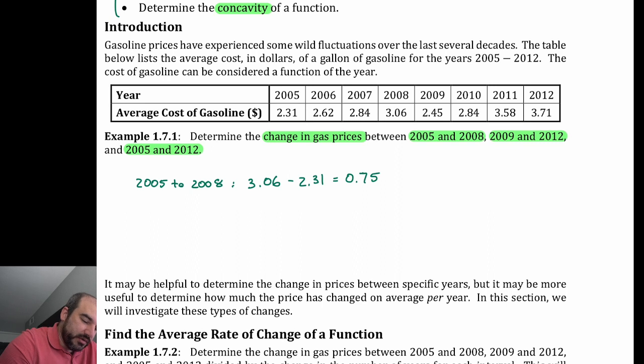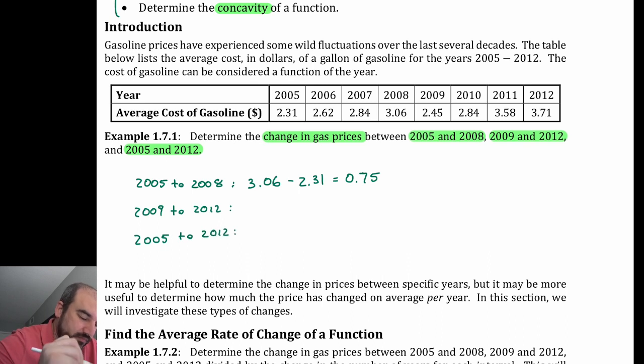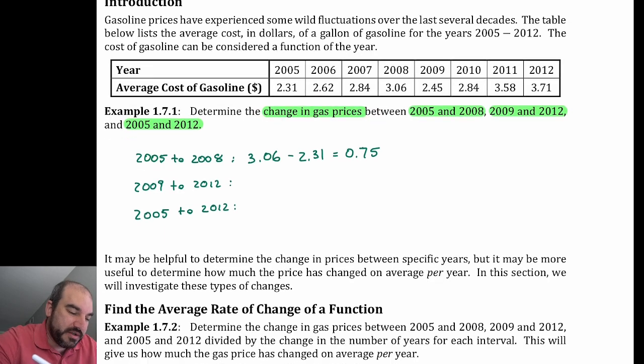So you'll need to do 2009 to 2012 and 2005 to 2012 as well. All right, so this is just change in gas price, which is just how much did it go up.